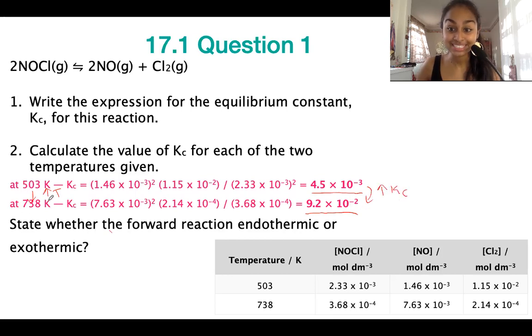So increasing the temperature has favored the forward reaction, and this tells us that the forward reaction is endothermic. Because remember, increasing the temperature favors the endothermic reaction, and since that was the forward reaction, we increased our value of Kc as well. Good.